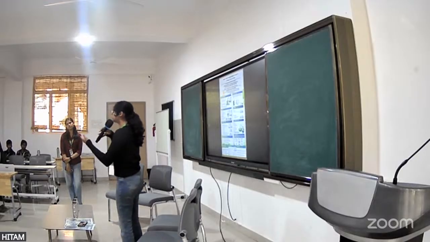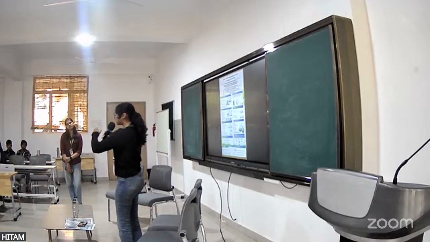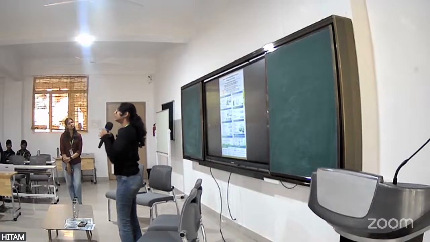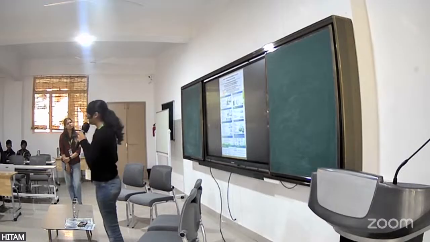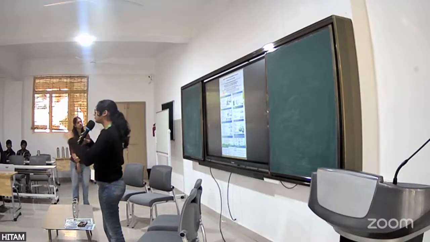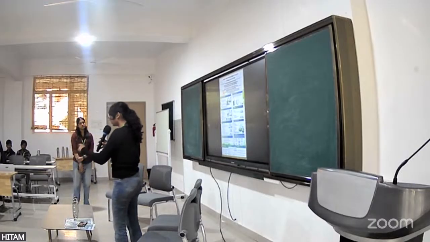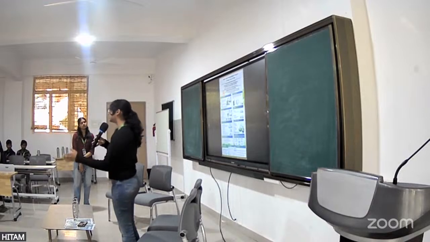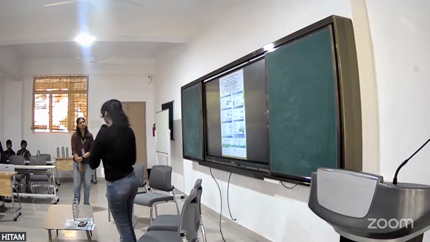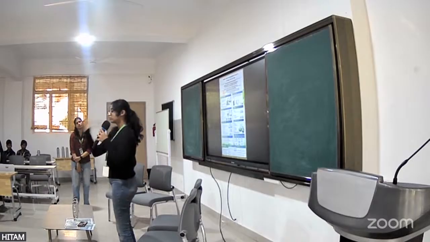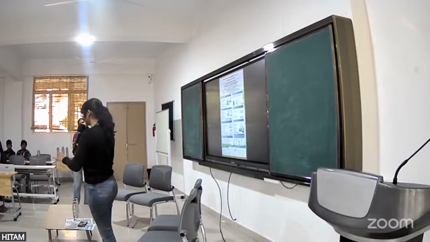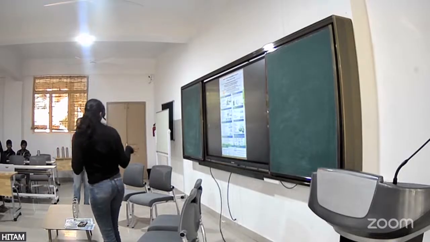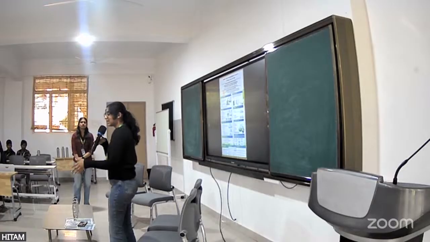So once the trash keeps piling up and it reaches 5 centimeters or less, the microcontroller, that is the ESP32, will take that into consideration and show that the bin is actually filled. That is how we will be using the ESP32 and ultrasonic sensor. For the working of the ESP32, we're using the Arduino IDE, which is a software basically, and the coding that we will be using is the C++ language.